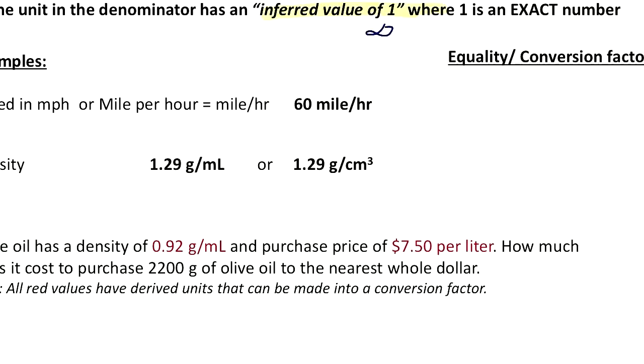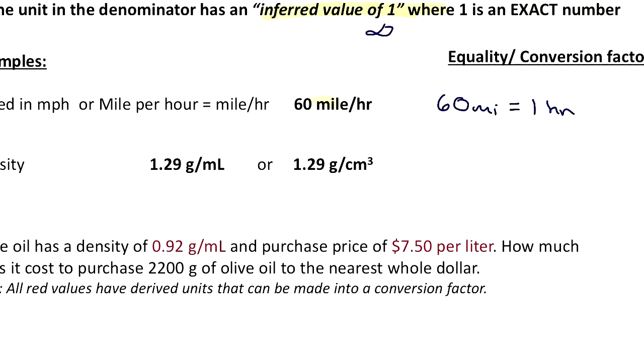So here's an example, all right? Miles per hour is a velocity, that is a derived unit. If you're traveling at 60 miles per hour, tell me, how many miles do you go in 1 hour? 60. There's an equality. 60 miles per hour means that 60 miles equals 1 hour.